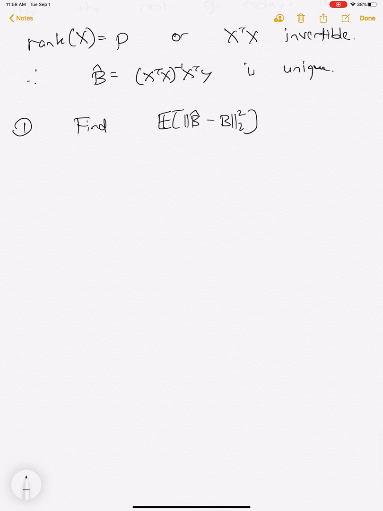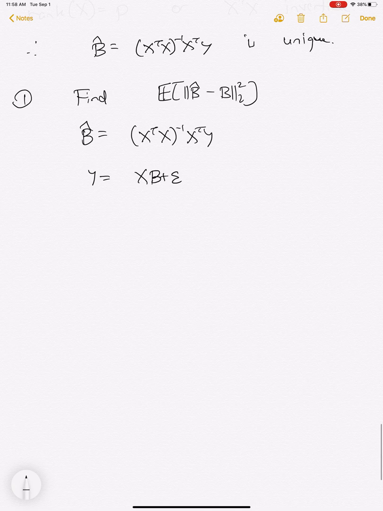So we have that b hat equals X transpose X inverse X transpose y. And then we know that y equals Xb plus epsilon. So what we can actually do, and this is something that's very commonly done in statistics and a very useful analysis tool, is just plug these equations in.